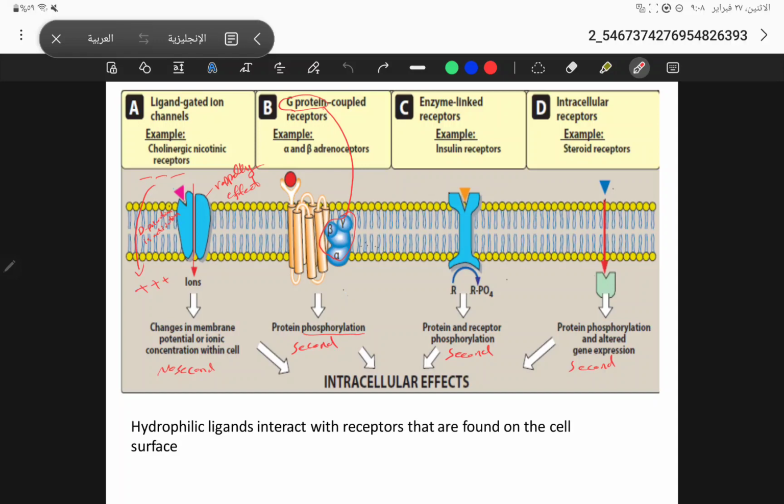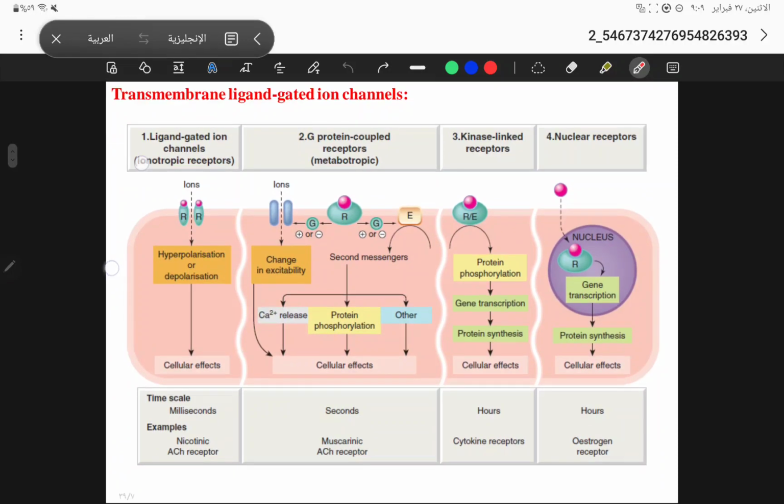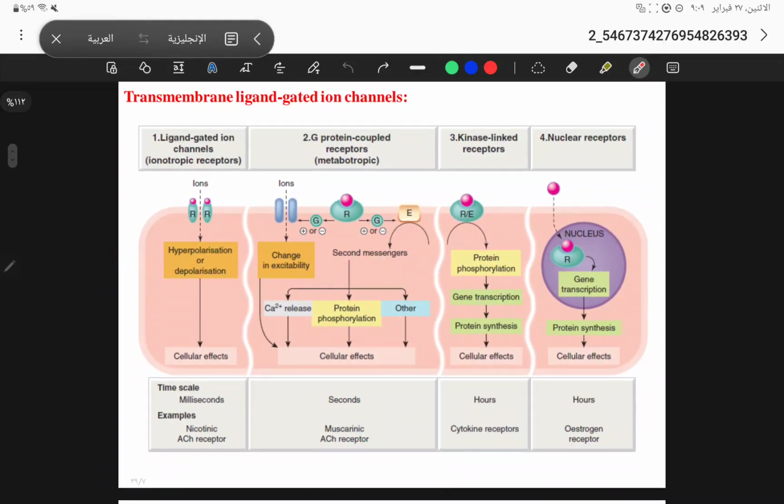Of course this process will take a long period of time. So in the ionotropic receptors the time lapse to give the action will be in milliseconds, while here in seconds, while in the third and fourth types of receptors it may take hours or even days.